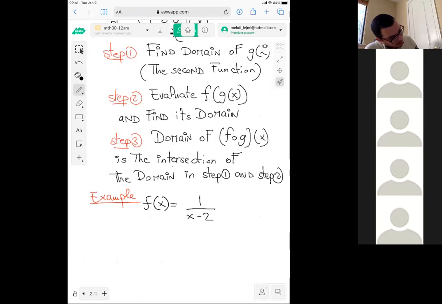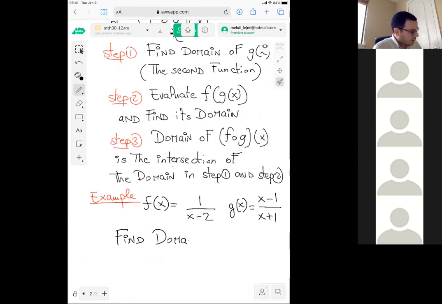And then g of x is x minus 1 over x plus 1, right? So that's my f, that's my g. Now the question is to find the domain of f composed with g.